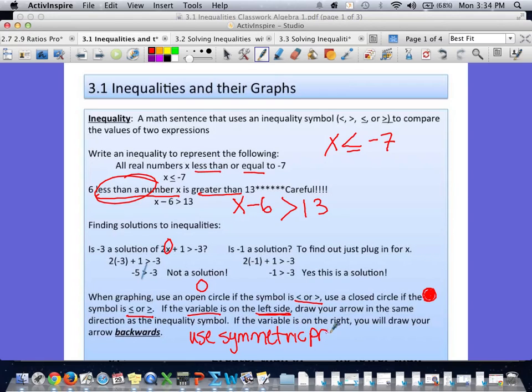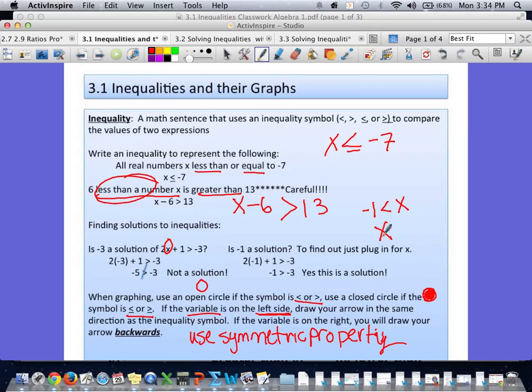For instance, if we had -1 less than x, and we wanted to flip that around so we could graph it, and we wanted the variable on the left, then all you have to do is flip it around.